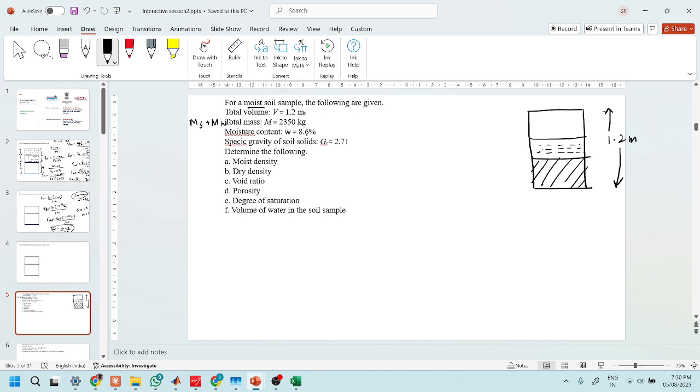Moisture content is 8.6 percent, which is mass of water divided by mass of solid. Specific gravity is 2.79, which is mass of solid over volume of solid times gravity.